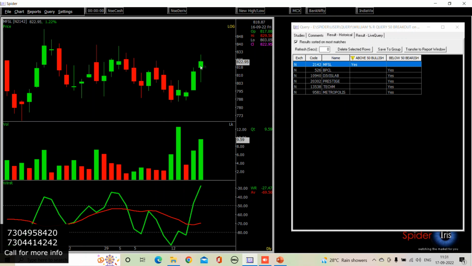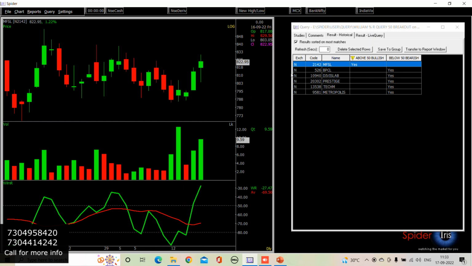Around 819 you will get indication in this condition. High it has shown till yet is 829.50. You have to make your entry in the current candle itself. Almost 9 to 10 points movement it has shown in the current candle only. So this was the MFSL stock on the bullish side.